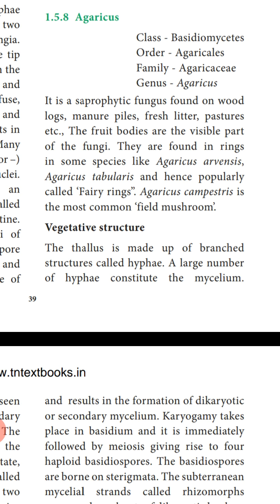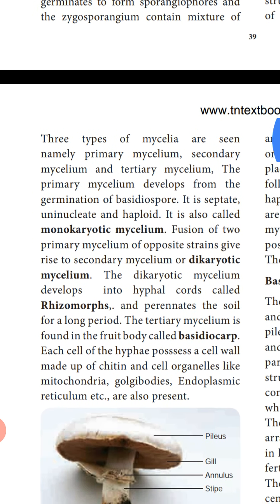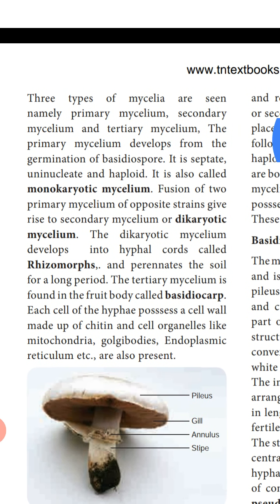As we already studied, the plant body of the fungus, or the thallus, is made up of hyphae. A large number of hyphae constitute the mycelium. There are three types of mycelia seen. They are primary mycelium and secondary mycelium. The primary mycelium develops from the germination of the basidiospores.